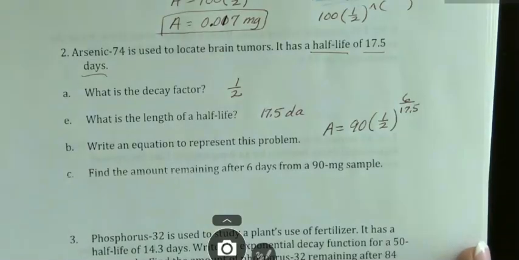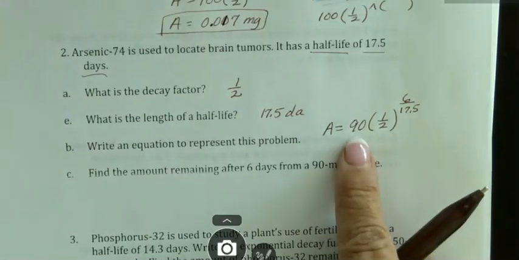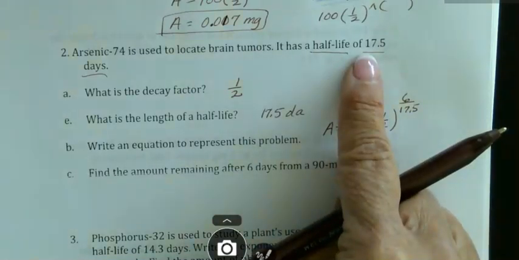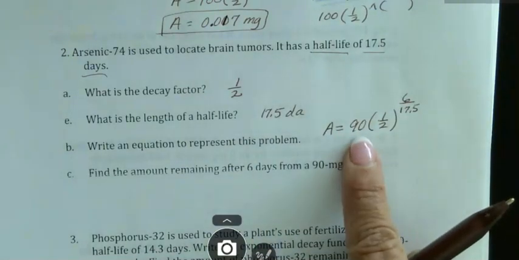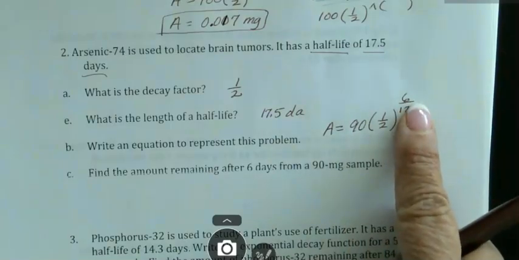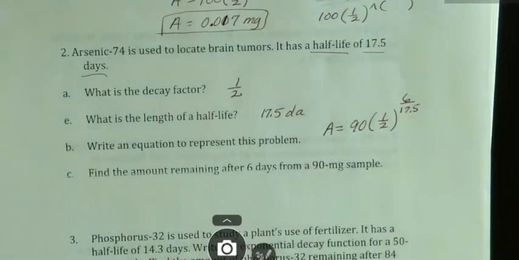So we should know that our answer should be above 45 because it takes 17.5 days for it to half-life to 45, but I only had 6 days in which we have had a lapse. So again, we're going to put that in our calculator. I didn't run this one yet, but 90 times, again, if you want 0.5, that works great.